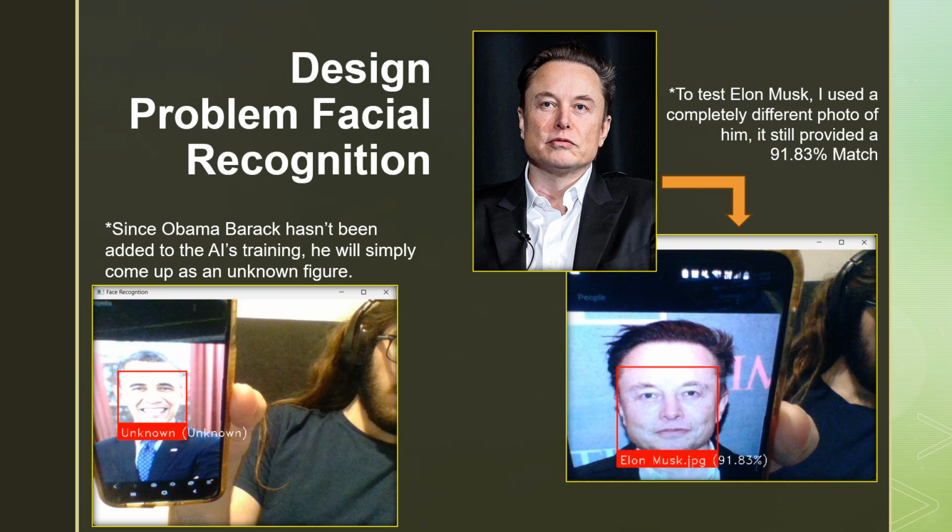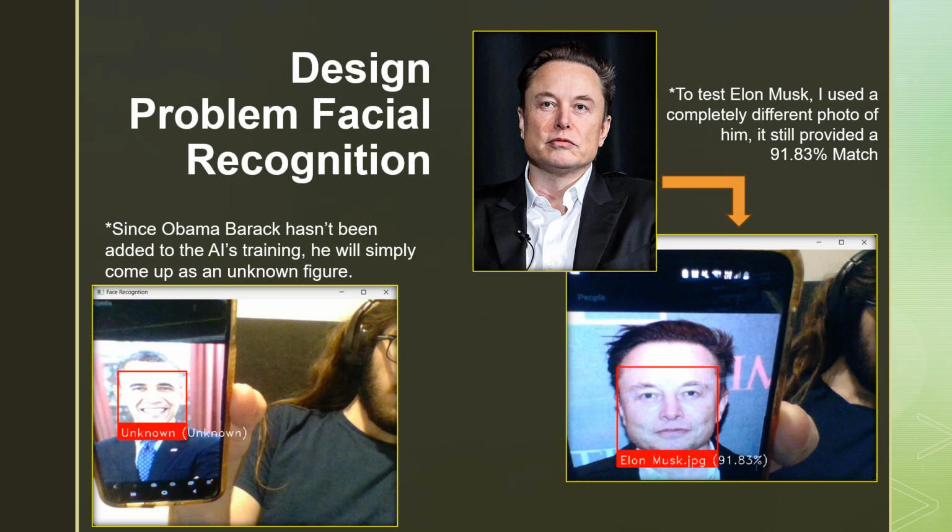I wanted to do a bit of experimentation, because with my own face I can't really have a different pose; I use the same area. In this case, I'm showing a completely different Elon Musk picture, and it still comes up with a match with his name at over 90%. So it's definitely pretty good with that.